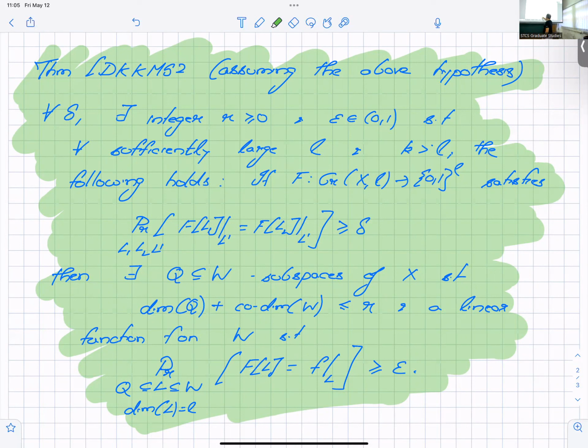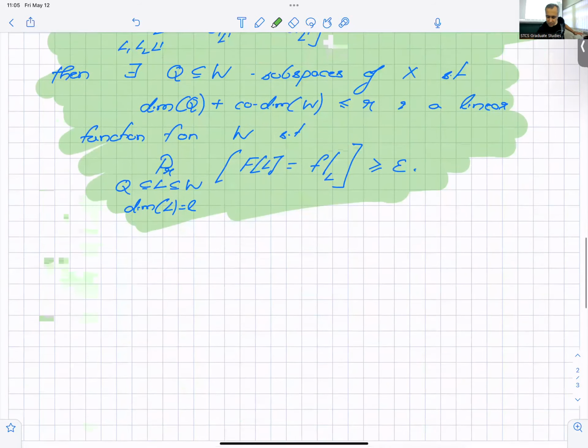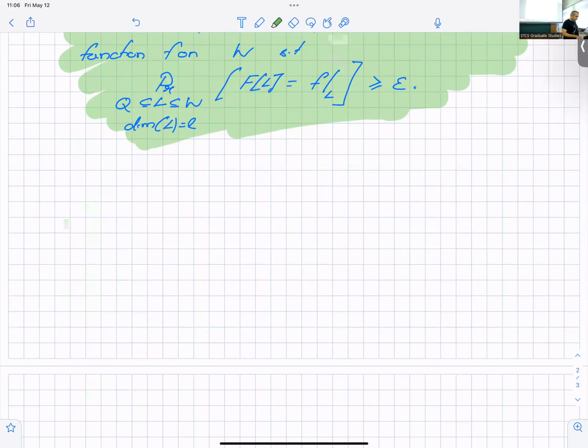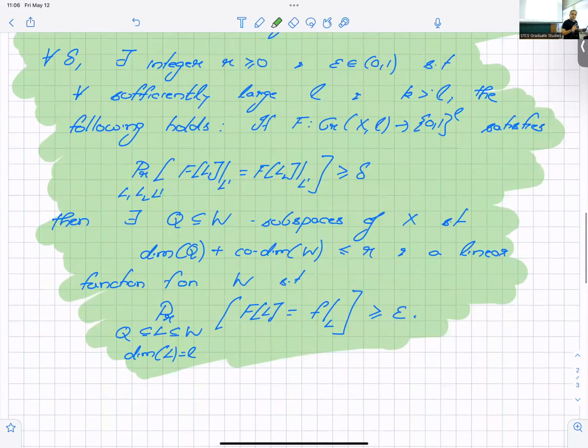So then several things, but first let's write a statement about how many Q's we can explain. The statement which we can prove from this is the following modified statement.